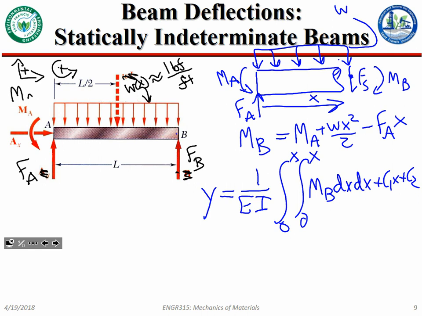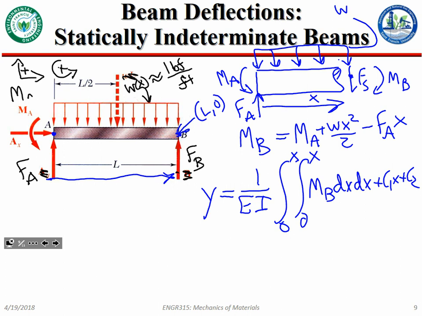B. Okay, so what's a boundary condition at B? If I measure x from the left-hand side, x is L. And y equals 0. So if I wanted to give coordinates for this, it'd be (L, 0). I know that because the thing's pinned there. It has to be that.